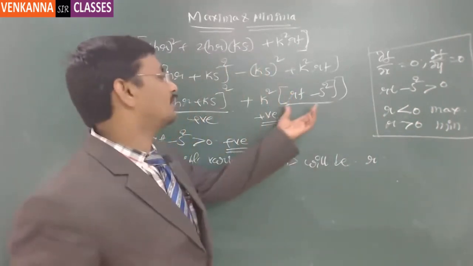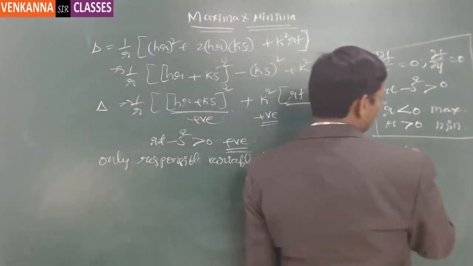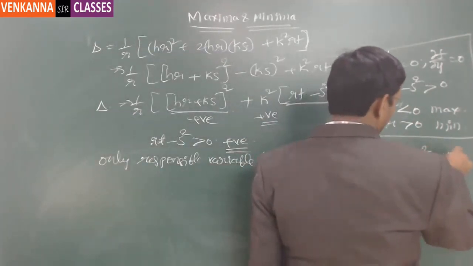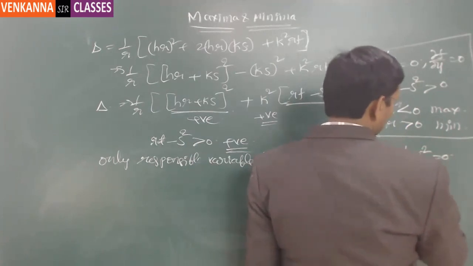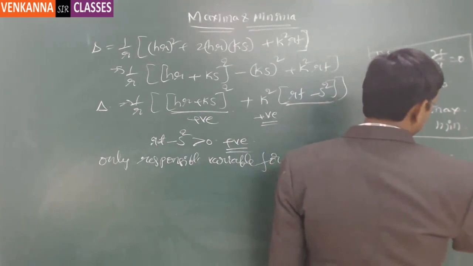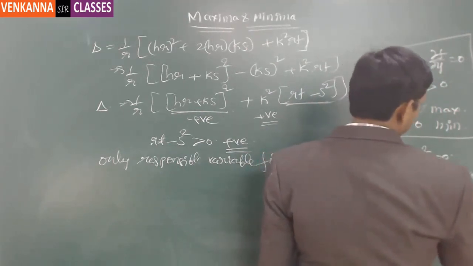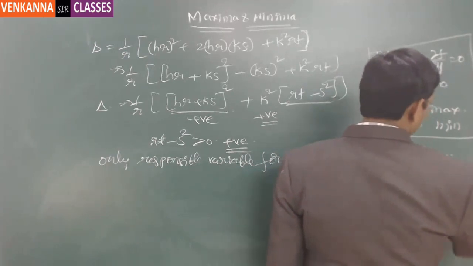But what if RT minus S square is equal to 0? In that case, if it is equal to 0, further investigation is needed. Got it?